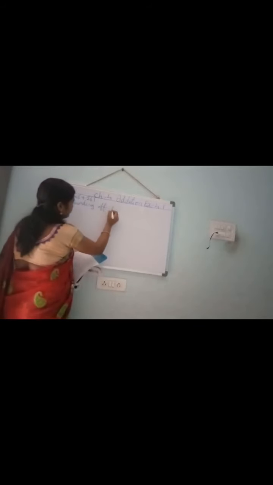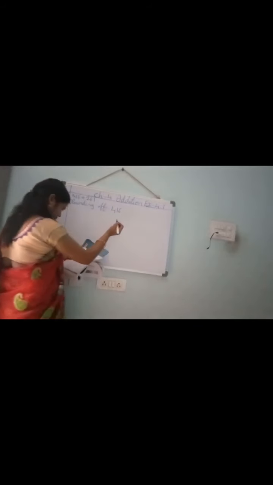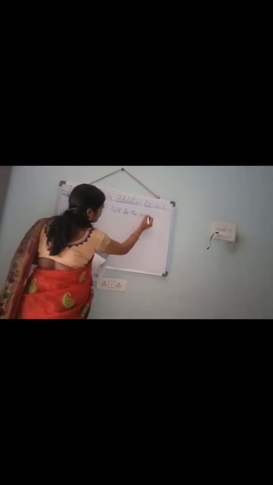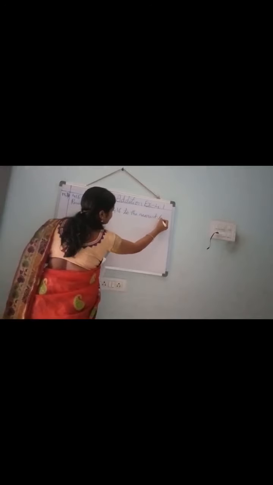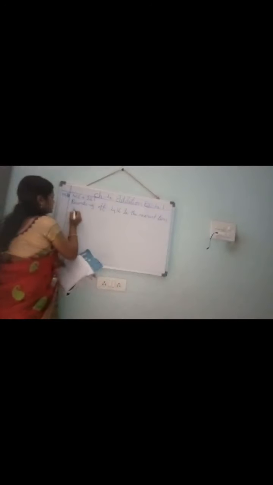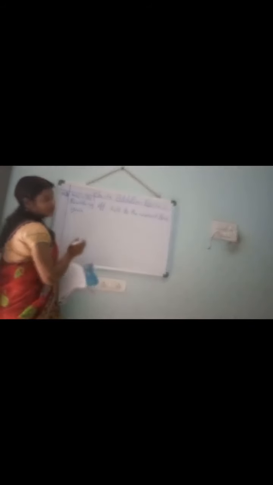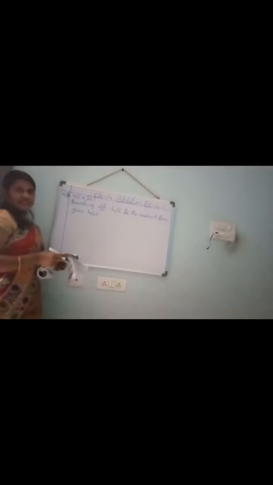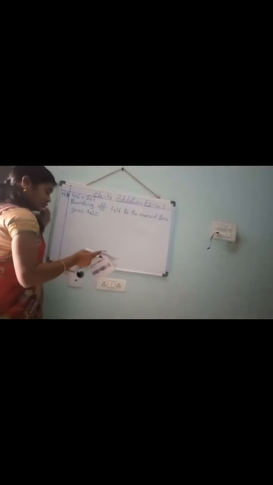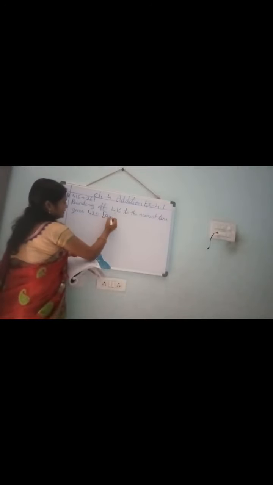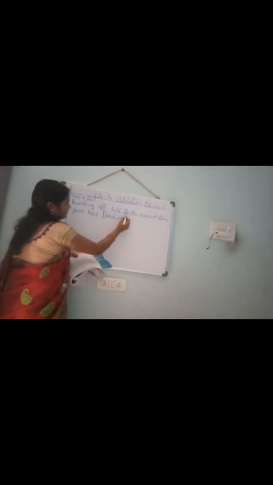Rounding off 416 to the nearest tens gives, what is that? 420. Yes, 6 is greater than 5. That's why 420. Okay, children. As 6 greater than 5.